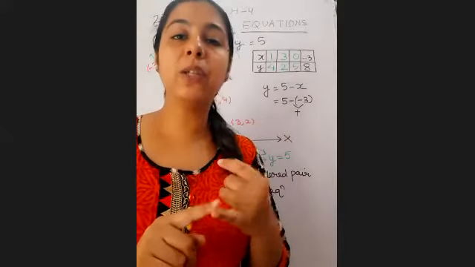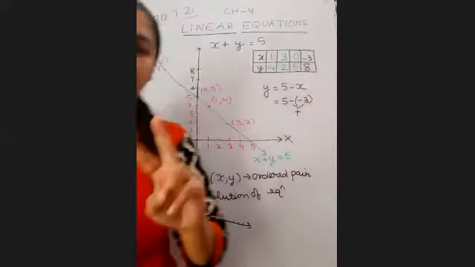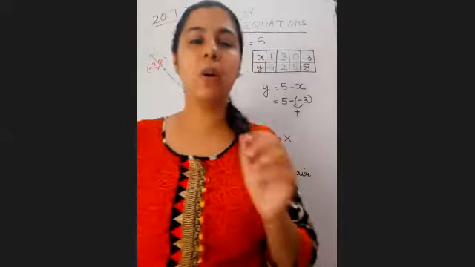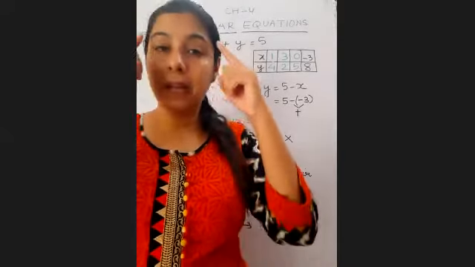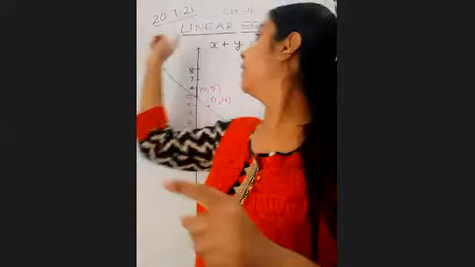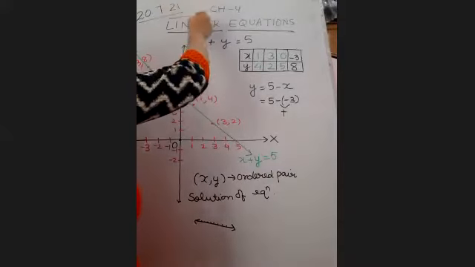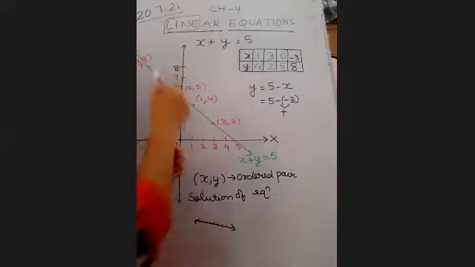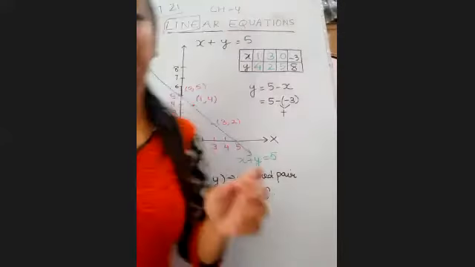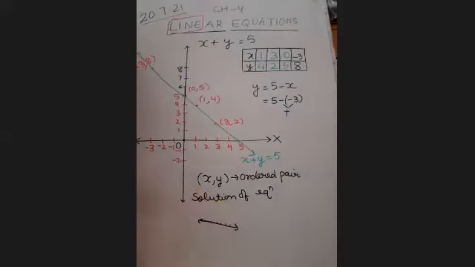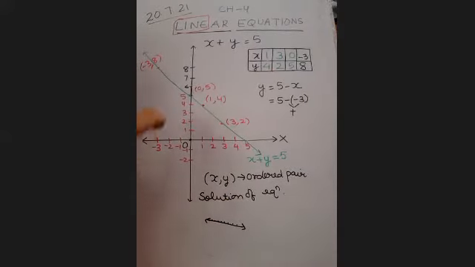Linear equation means when you equate two linear polynomials, what you get is called an equation. And keep in mind linear. The hidden term over here is linear line. So every linear equation can be represented as a straight line in XY graph.